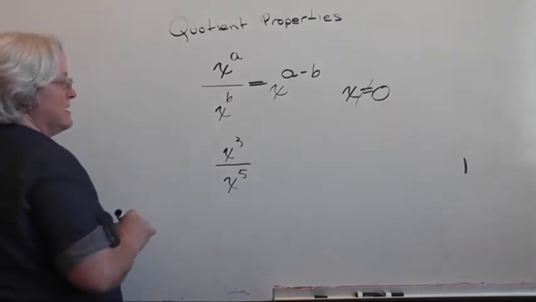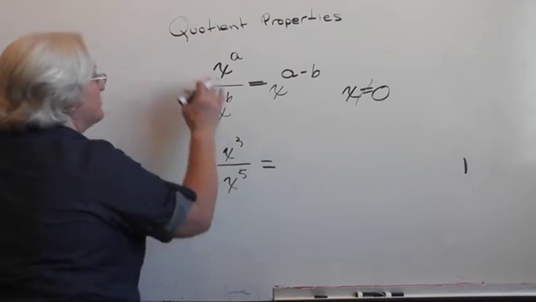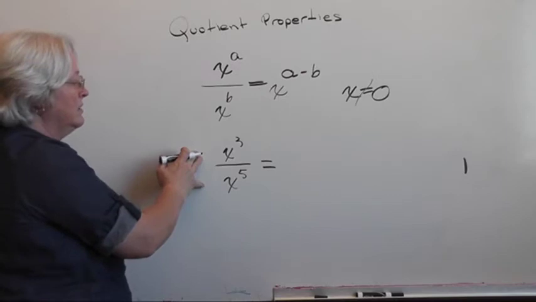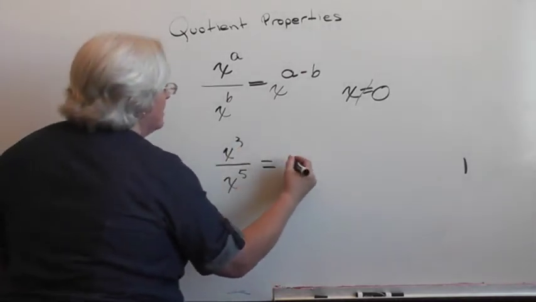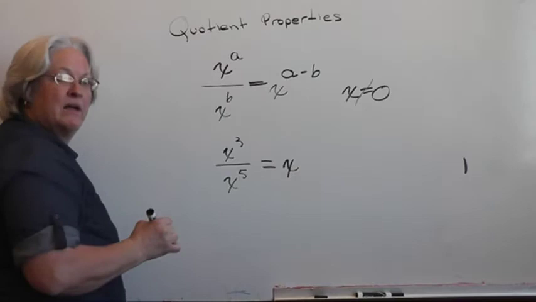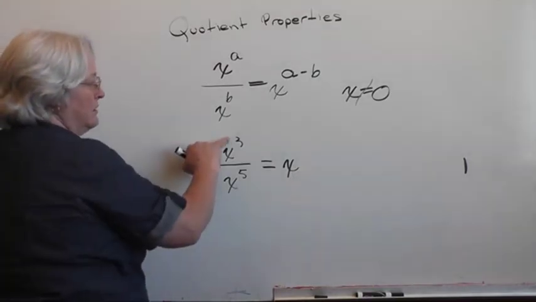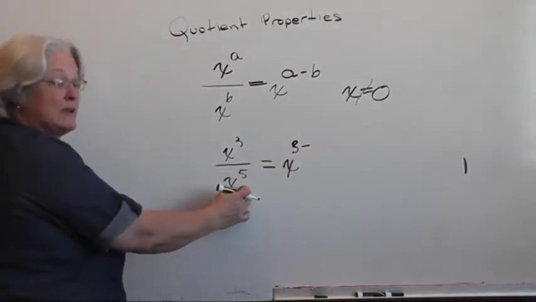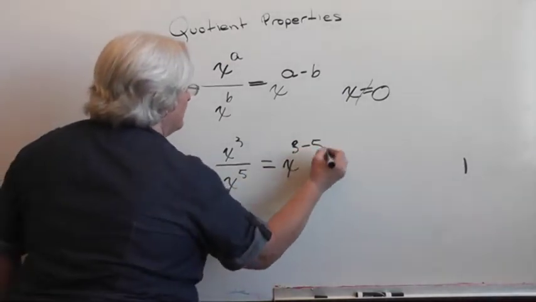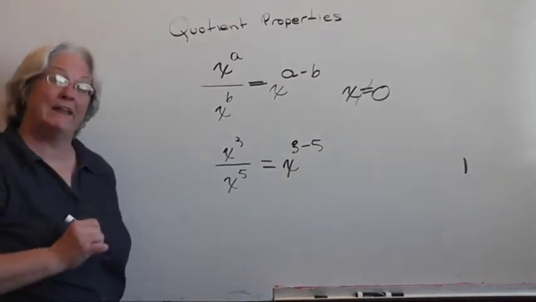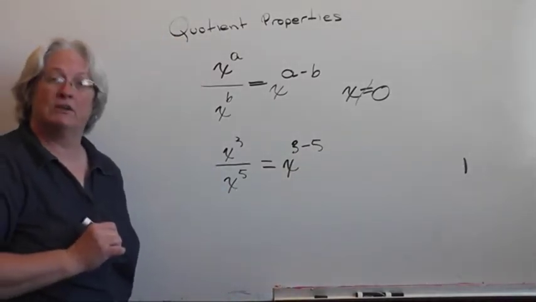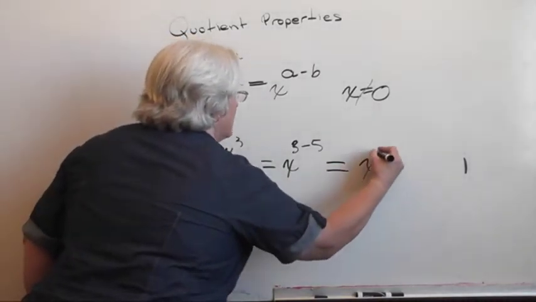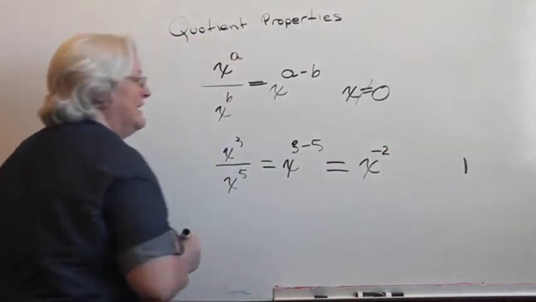Well, our rule tells us that when we have a ratio of 2 exponential expressions where the base is the same, you keep the base and you subtract from the exponent of the numerator the exponent of the denominator. So what is x to the 3 minus 5? What's 3 minus 5 equal? It's a negative 2. So this tells us x to the negative 2.